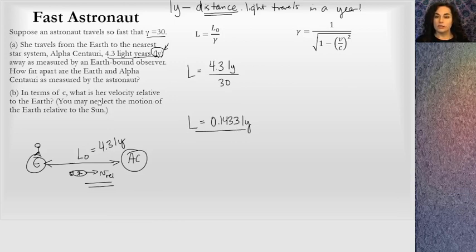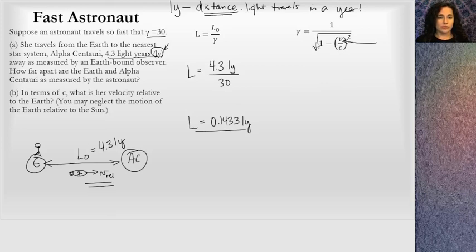The second part here says, in terms of c, what is her velocity relative to the Earth? So we're just going to assume that Earth is here and gamma is 30. And what we want to do is solve for v in this equation. I chose this problem just to exemplify some of the algebra that goes on in here so that you can get an idea.